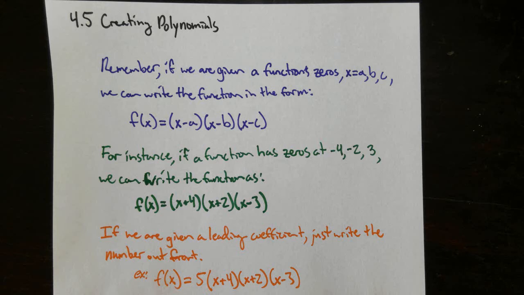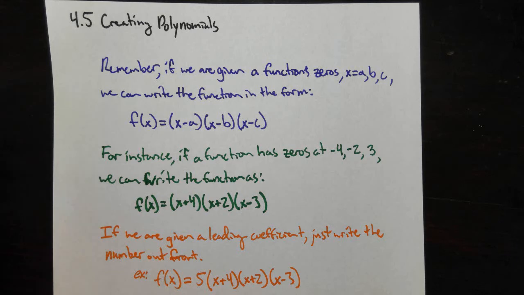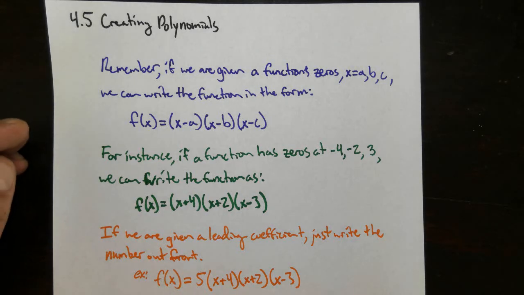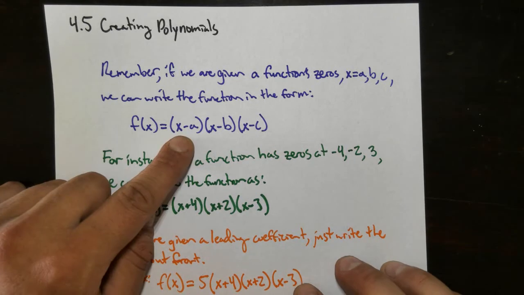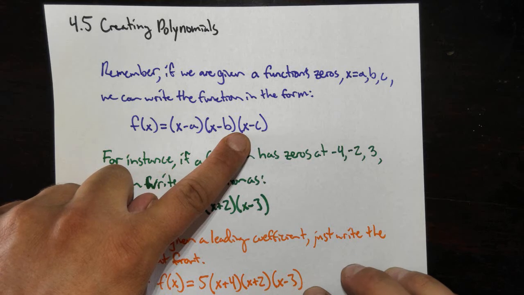So let's first remember that if we are given a function's zeros as x equals a, b, and c, then we can write the function in the form of f of x equals x minus a times x minus b times x minus c.